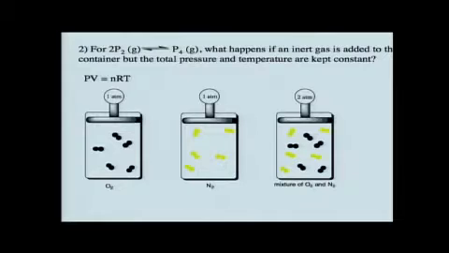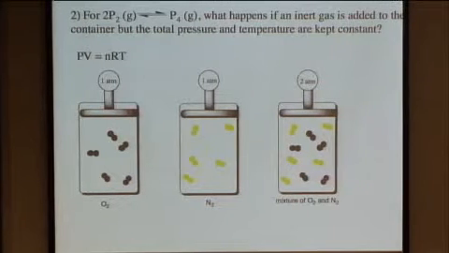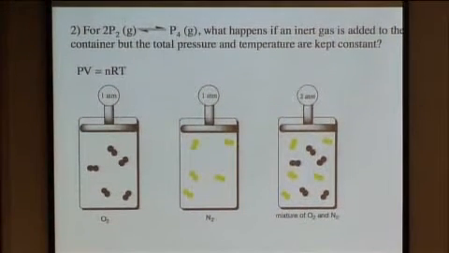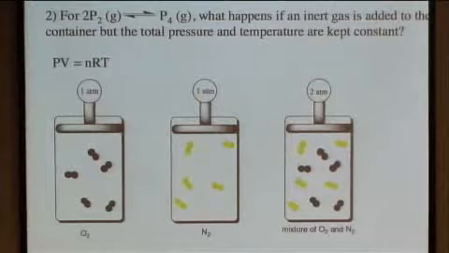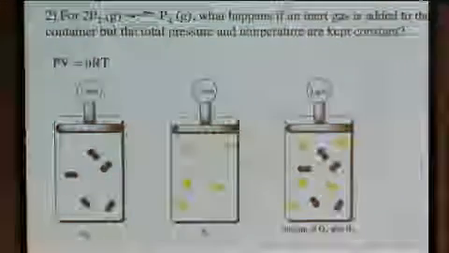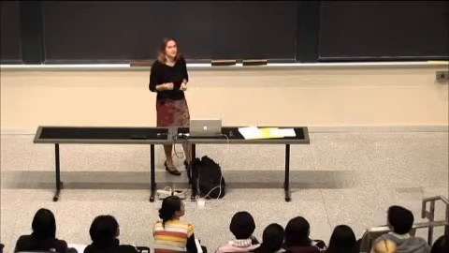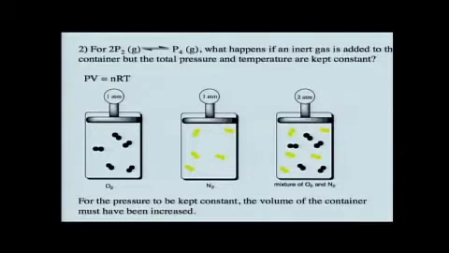If we add an inert gas to our system, the total pressure should go up. If it doesn't, then something else must have changed, and what must have changed is the volume. Otherwise, the total pressure would not have stayed the same. So the volume of the container must have increased if the pressure is the same.